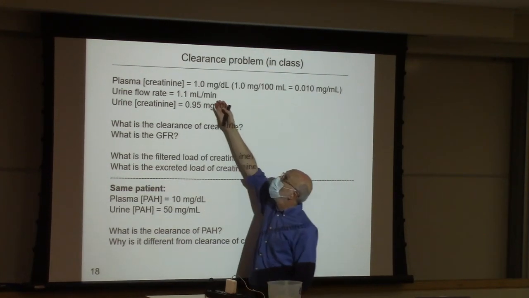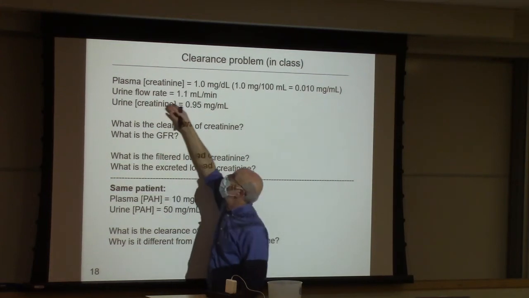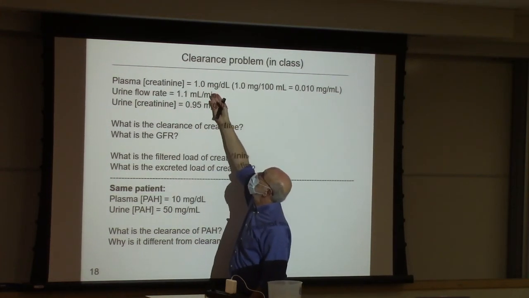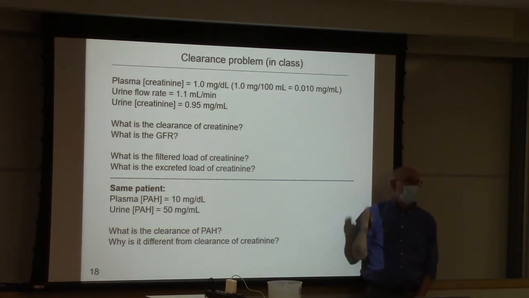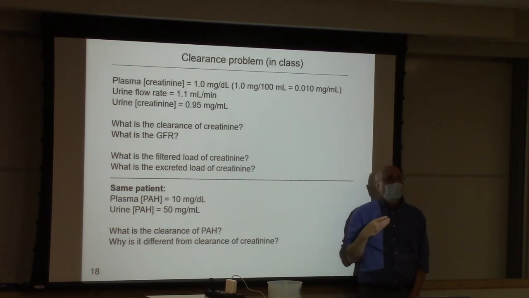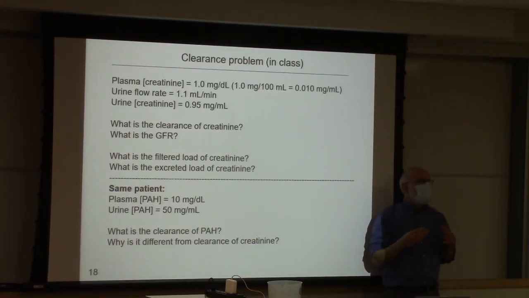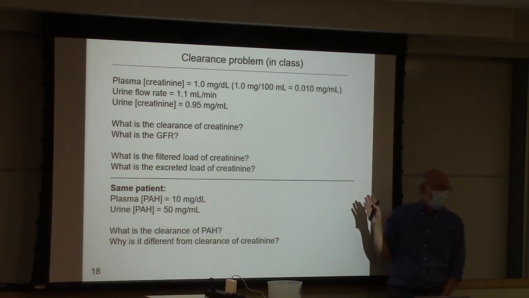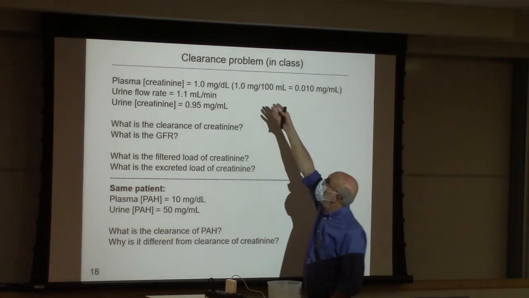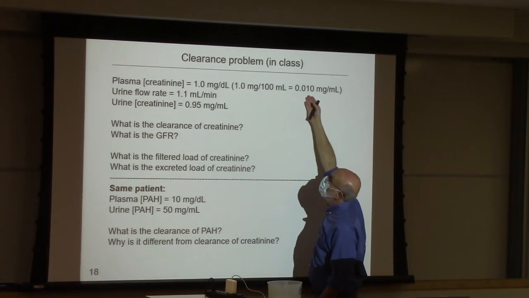So if I tell you the creatinine concentration in plasma, P sub CR, is 1 mg per deciliter, you have to convert that to mgs per mil. So when I ask you to give me an equation and to set it up, you have to pay attention to the units. Okay, so 1 mg per deciliter is 0.01 mgs per mil.